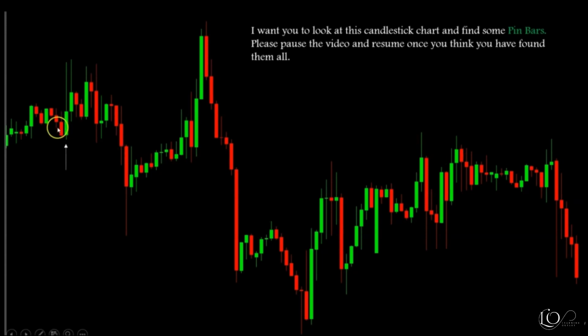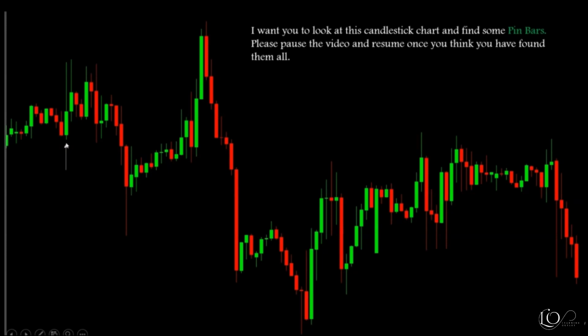It has a body, and the wick is basically more than 2 times the size of the body. That's one of the rules. But it doesn't really qualify because it has this pretty large lower wick.